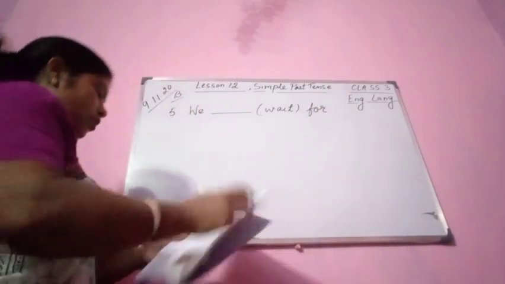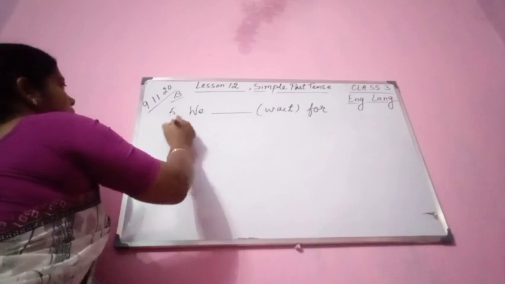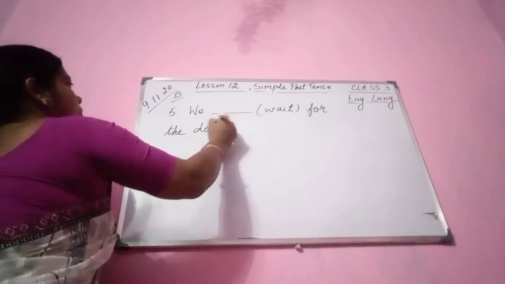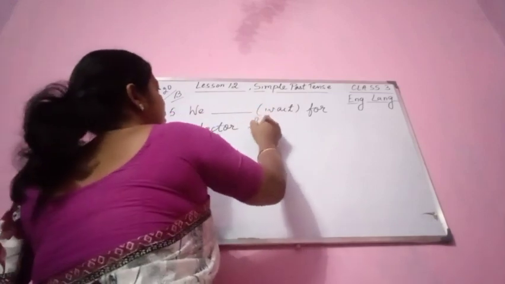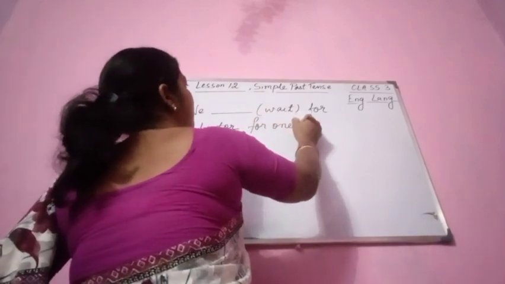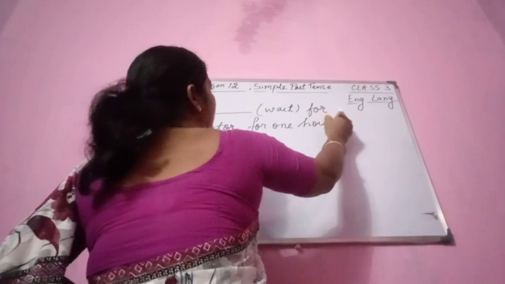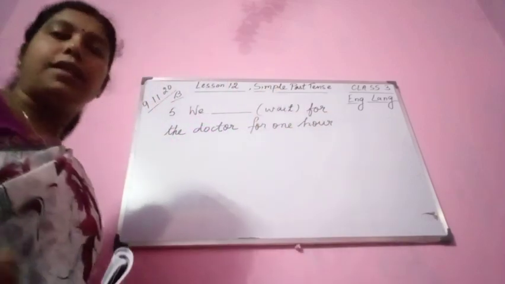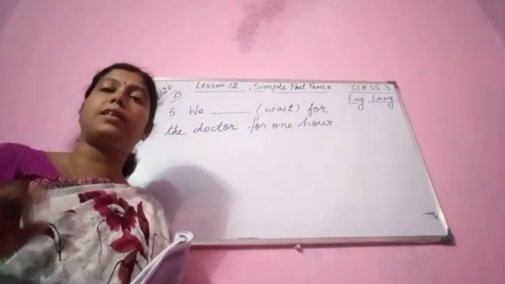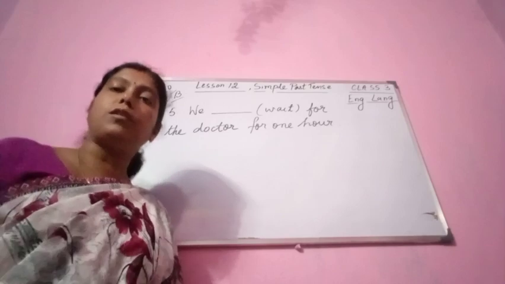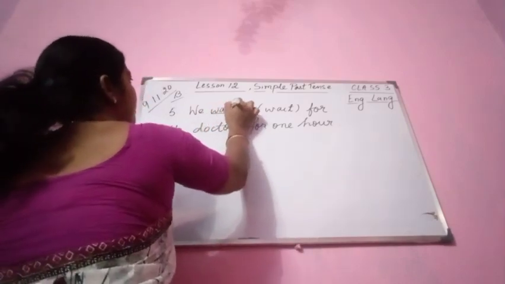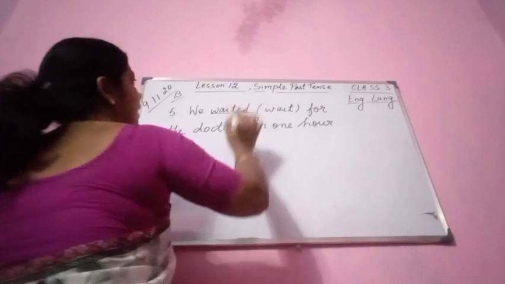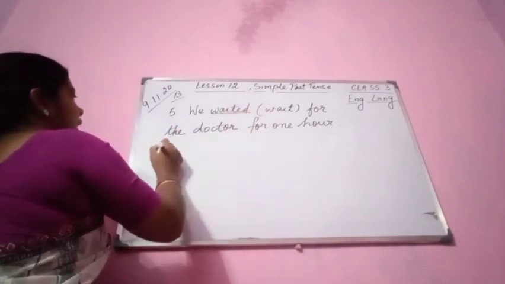Please see the verb here. The past tense of wait will be waited. We waited. We waited for the doctor for 1 hour.